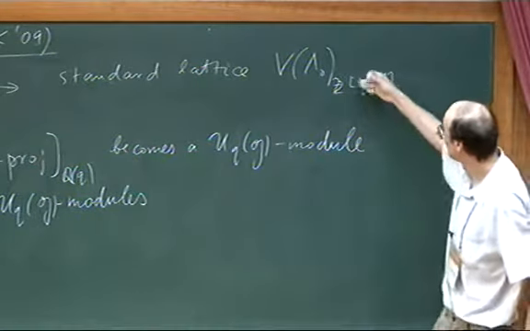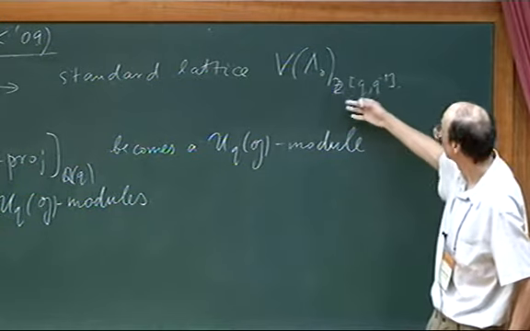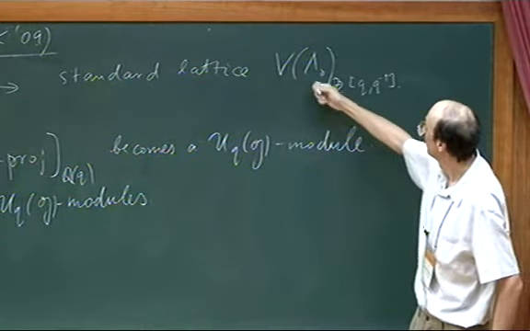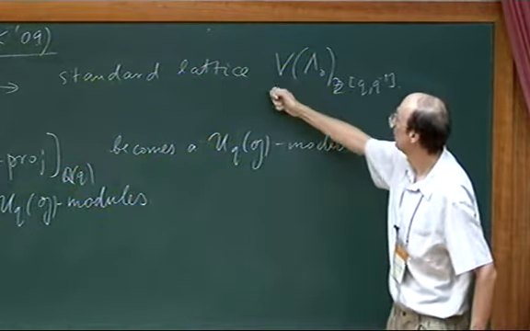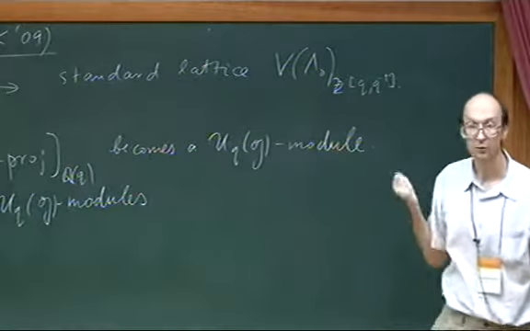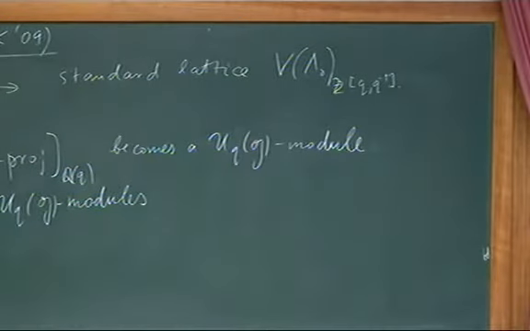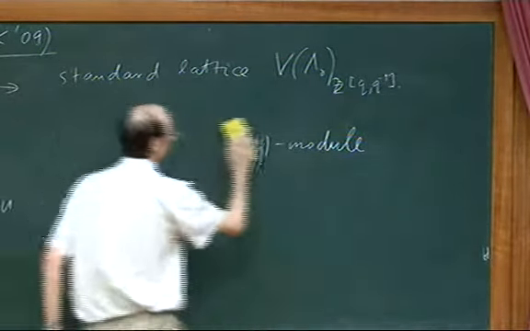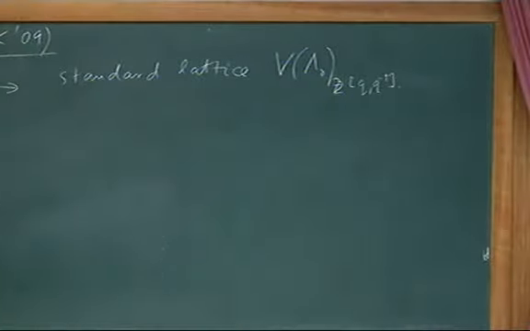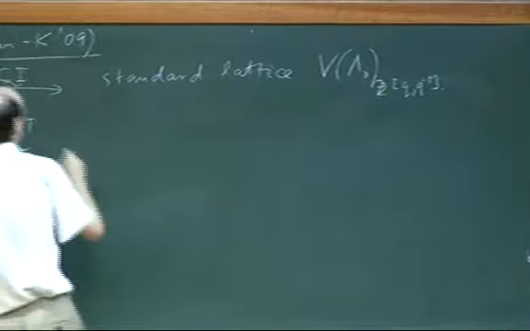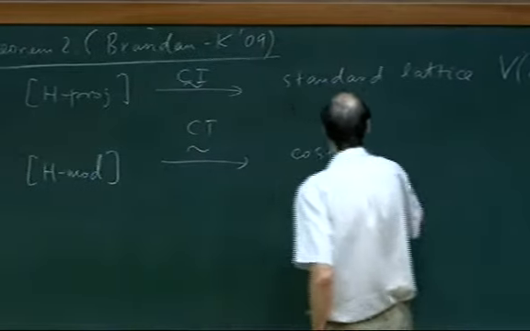It is obtained by taking the Lusztig Z form and multiplying the highest weight vector V+ by this Z form. So it will give you a Z form of the module. And on the other hand, if you consider H-mod, you'll get the dual lattice or costandard lattice with respect to the Shapovalov form. So you will get identification with the costandard lattice.